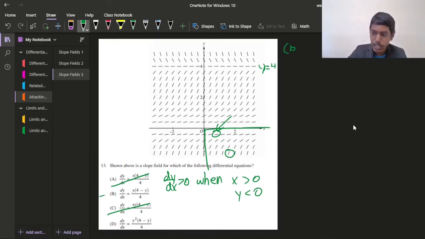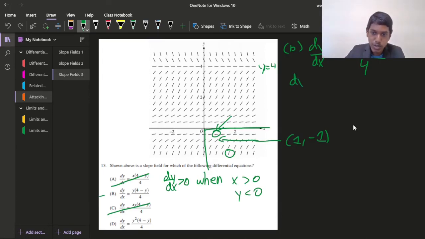So now let's try these different choices here and see which one upholds this fact that dy/dx should be greater than 0. So again, I'm just going to pick a point. You can show your work however you want. So maybe one point that is in quadrant 4 is (1, -1).